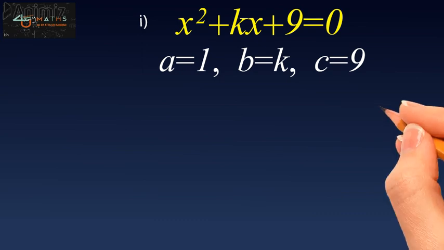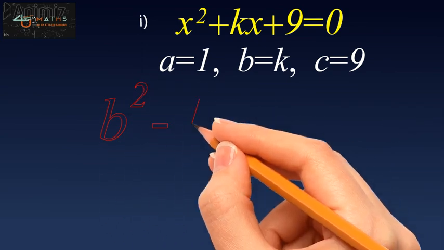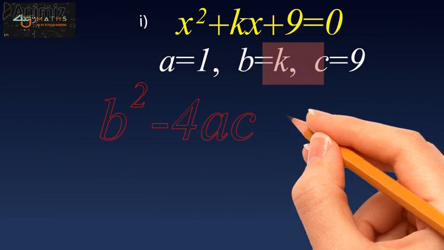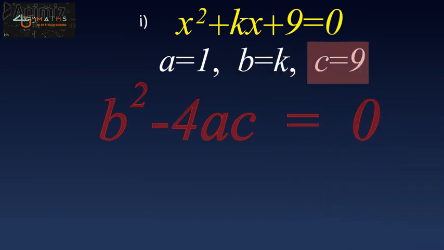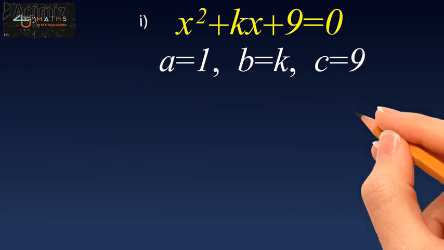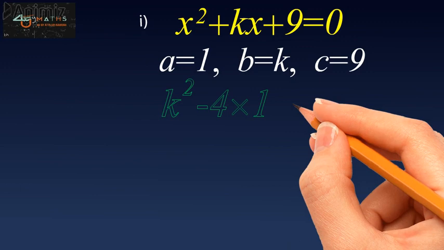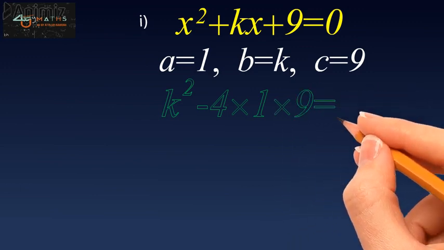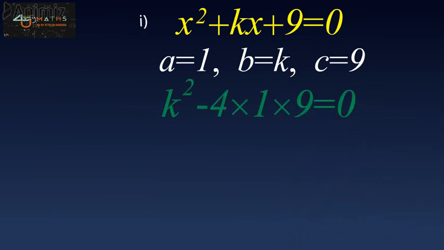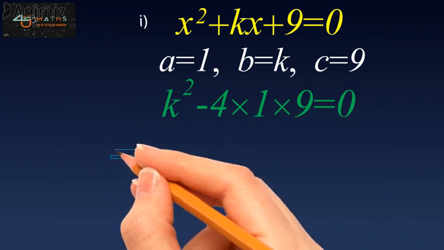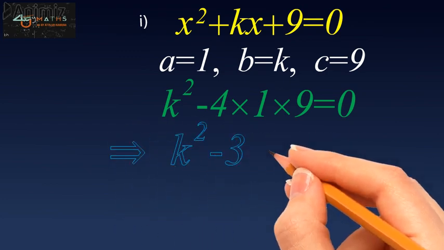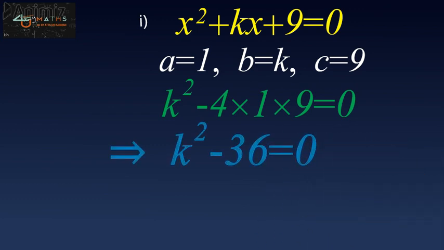Now substituting the value of a, b and c in this discriminant, we have k square minus 4 times 1 and 9 is equal to 0, which gives k square minus 36 is equal to 0.